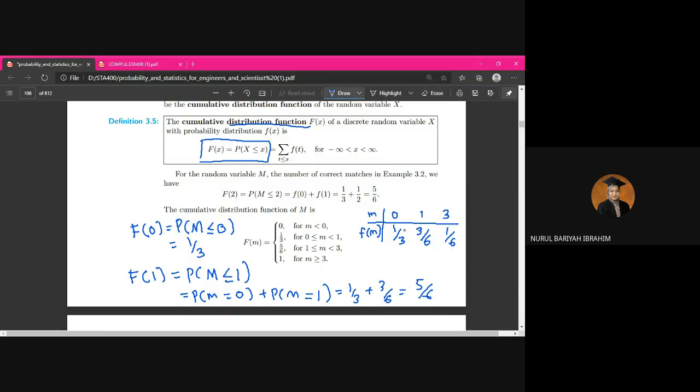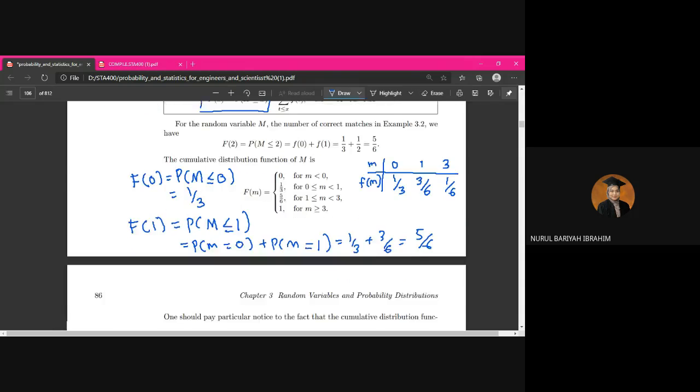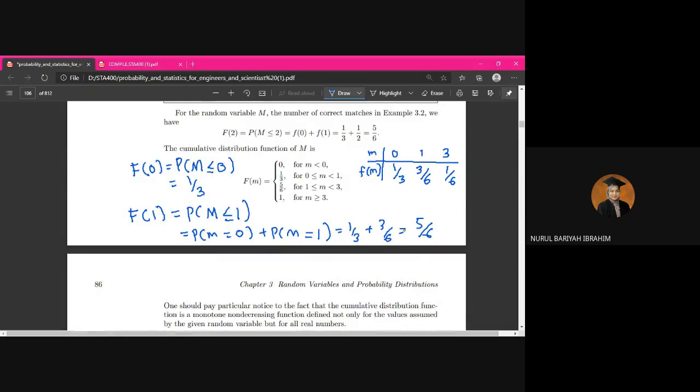Okay, and then the next one will be capital F3. Okay, tadi 0, 1 and 3.